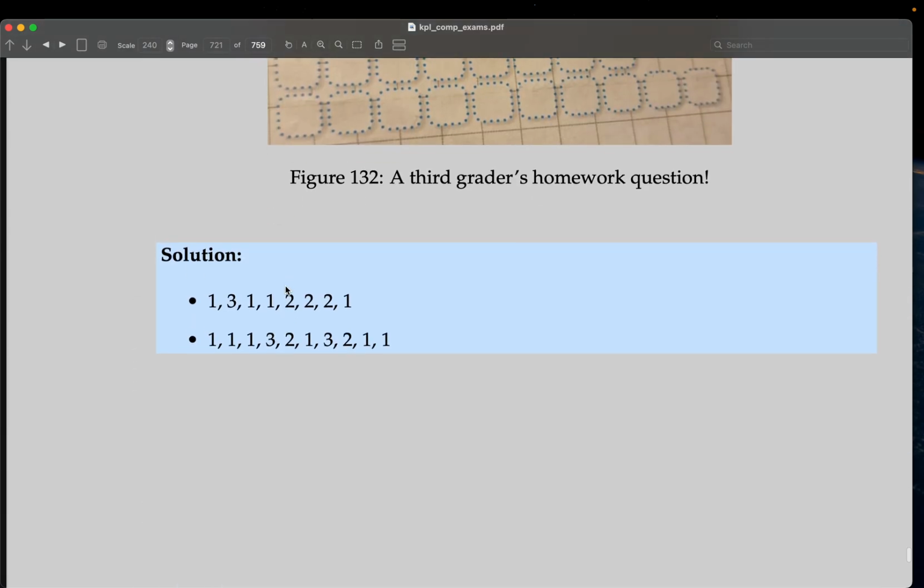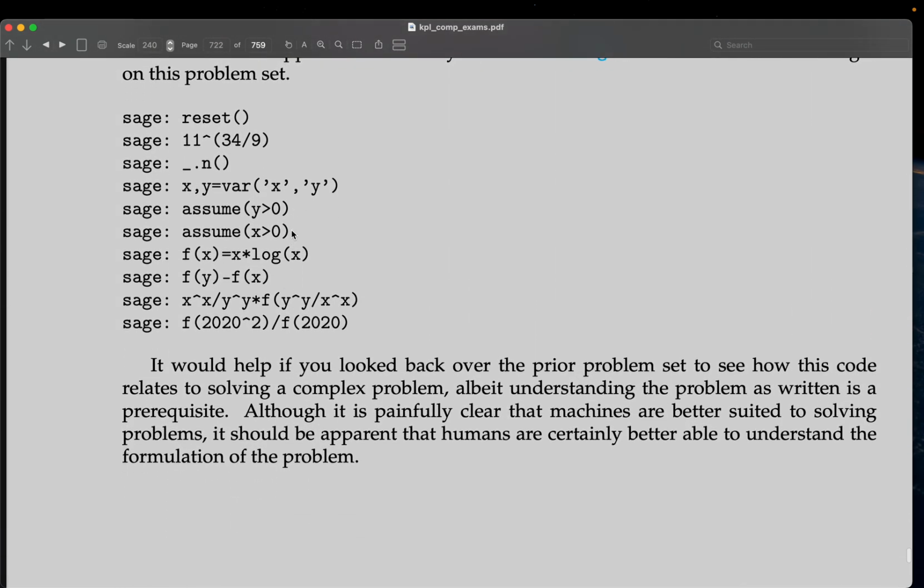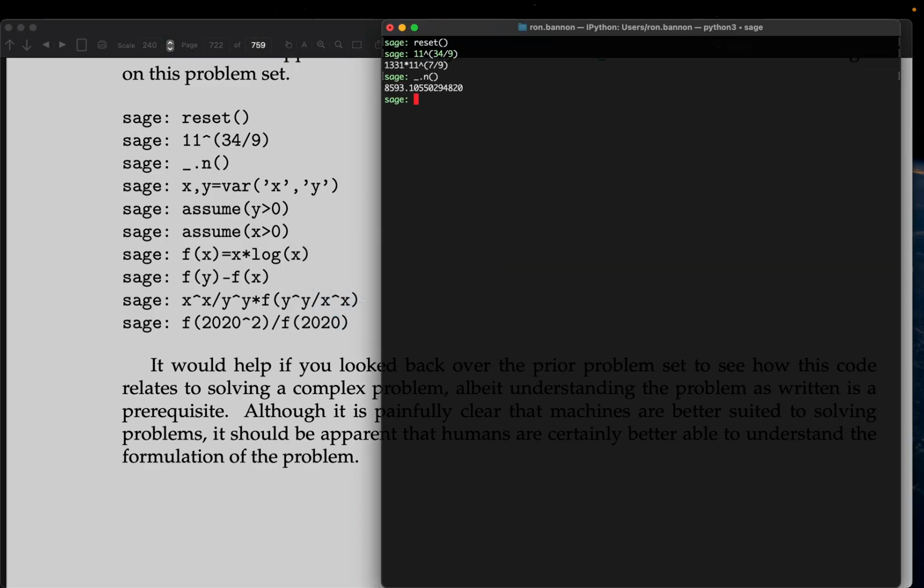All right? Let's go back to Sage again, because there's more Sage there, and it pertains to the problem set. And looking at this over here, again, what I'm going to claim over here has something to do with the problem set. Let me clear again. I'm going to reset again. I'm doing another problem. And x and y are variables. And then I get this assume. I'm just going to copy paste.